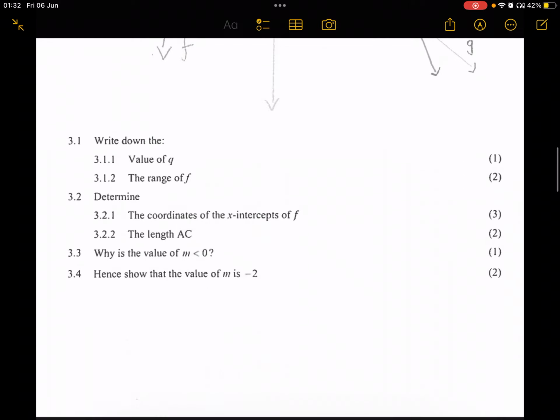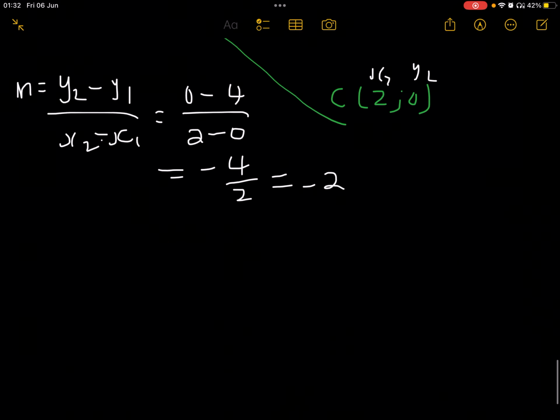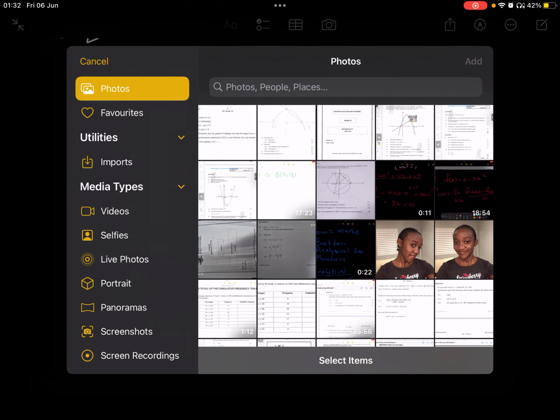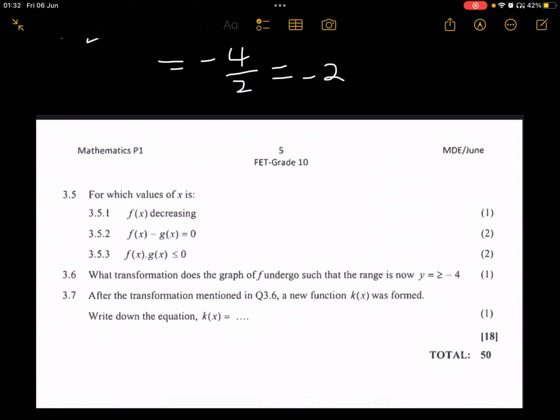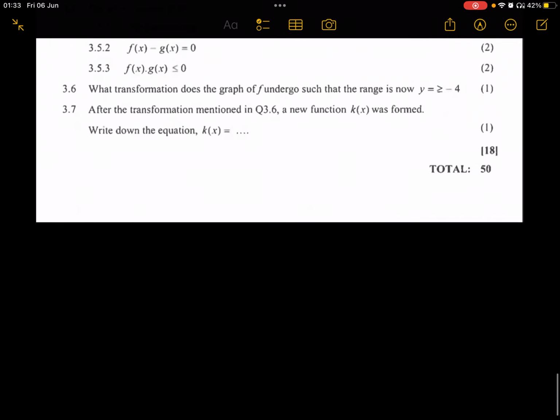So now we need to move on to 3.5.1. For which values of x is f of x decreasing?